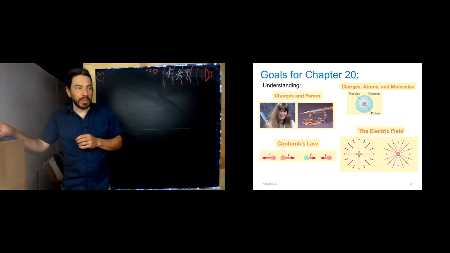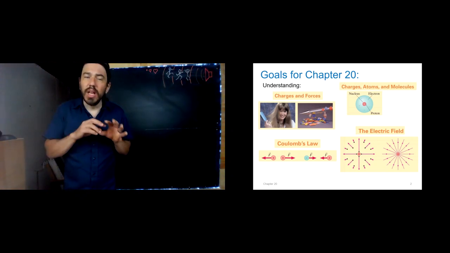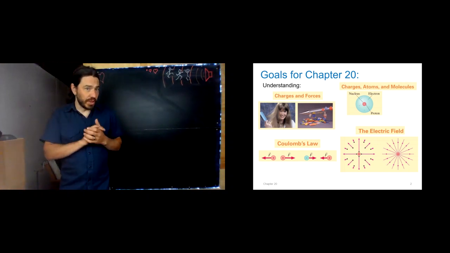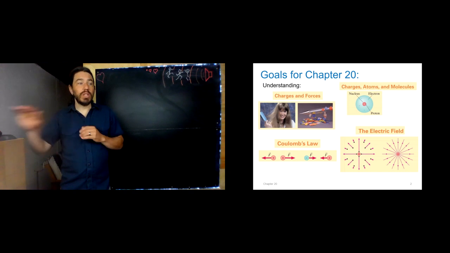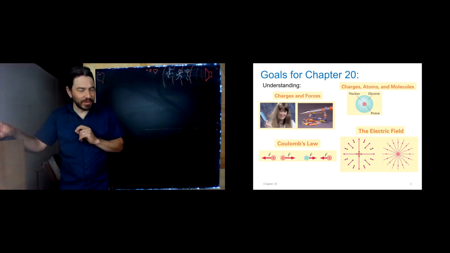So these are the goals for chapter 20. We're going to talk about the charge model and how the charge model can explain the forces that we observe, like what we just demonstrated. And we're going to talk about how these forces give rise to the structure of the atom. Just scratching the surface on this one. We'll come back to this many times throughout the semester.